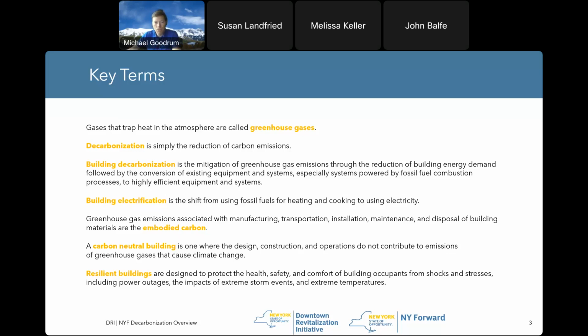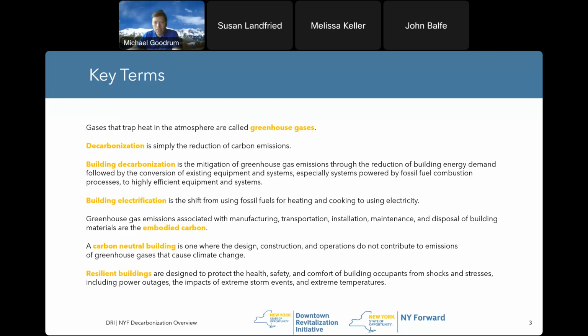A carbon neutral building is something NYSERDA has some programs for and talks about, and that's one where the design and construction and operation of the building don't contribute greenhouse gas emissions.